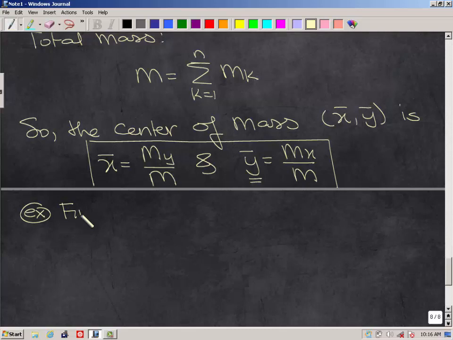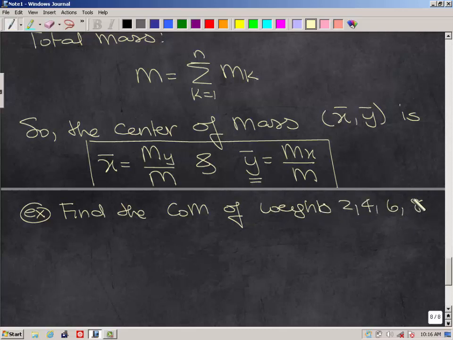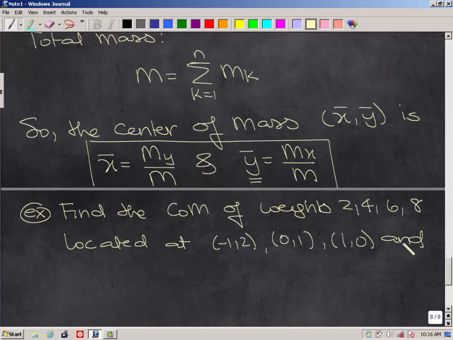So we want to find the center of mass of weights 2, 4, 6, 8, located at (-1, 2), (0, 1), (1, 0), and (2, -1).